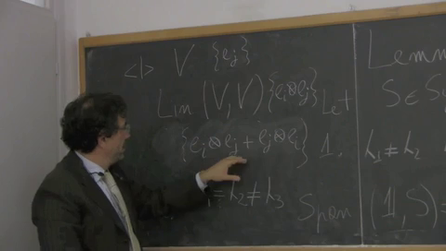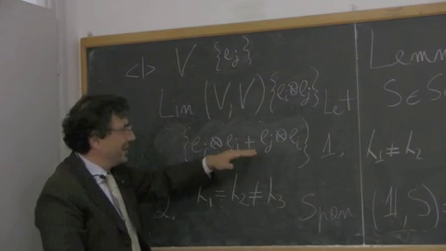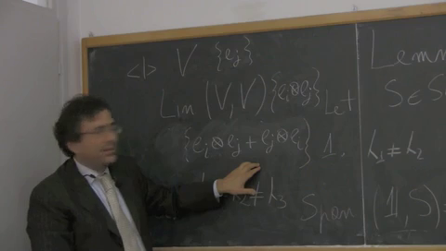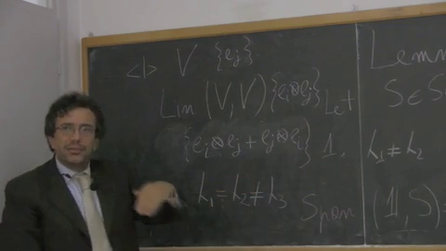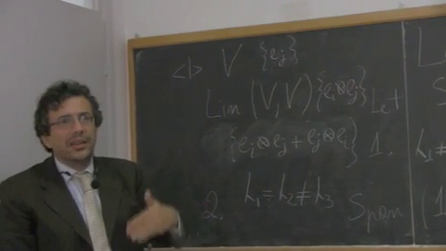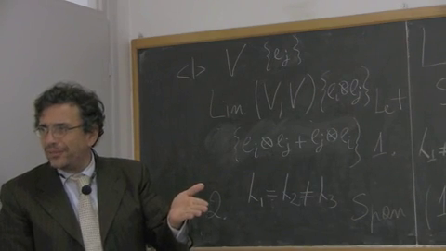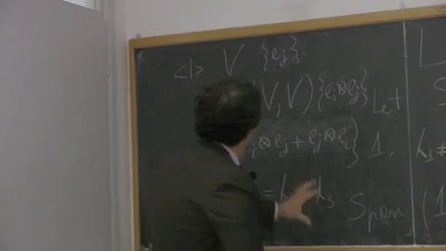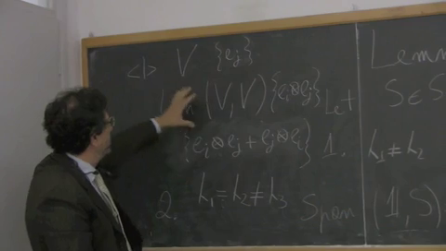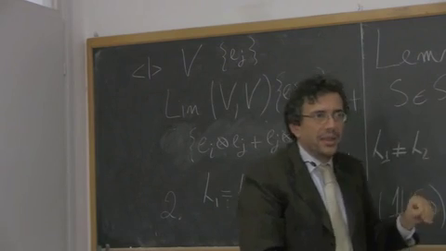Of course, 1/2 is not essential in this context. Okay, and using this set of tensors, via linear combinations, you can produce every symmetric tensor. Okay? We stop for a moment talking about the structure of Lin(V,V), and we go back to our lemma.